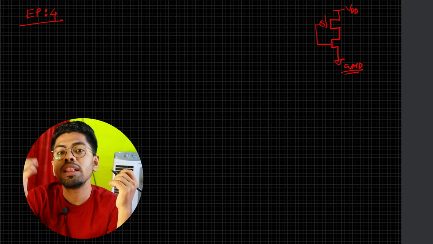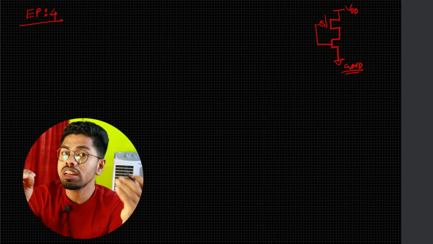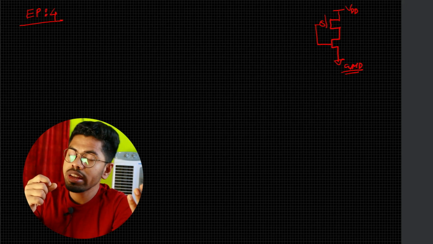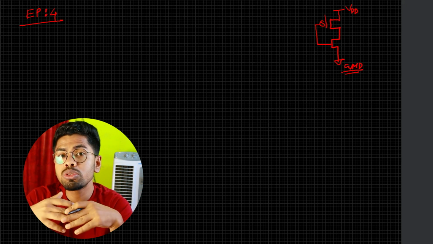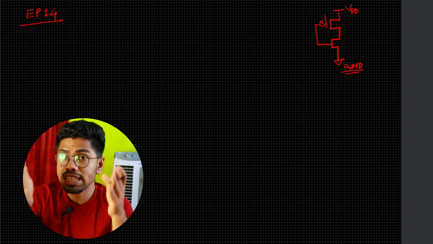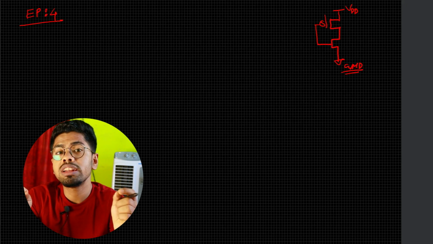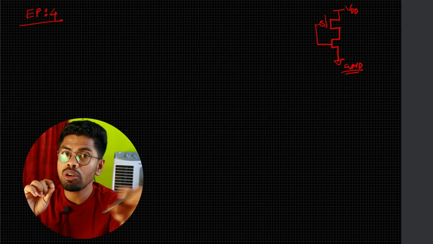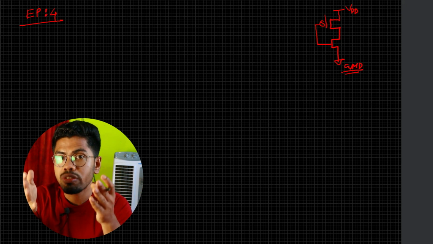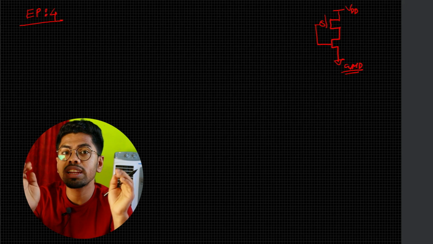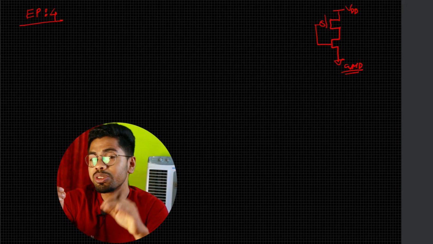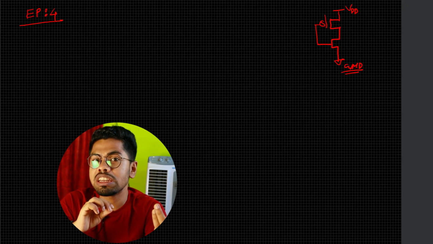For example, the current equation of your MOSFET has many variables, and as an engineer you might want to know why each and every one comes in. But as of today, we are learning the CMOS inverter, so don't push yourself to derive the current equation. For now, just believe that the current equation is true and it is what it is. Don't try to derive it now, it will be a waste of time.